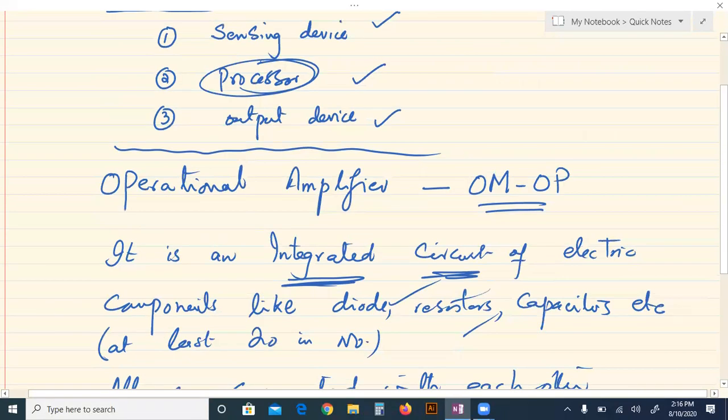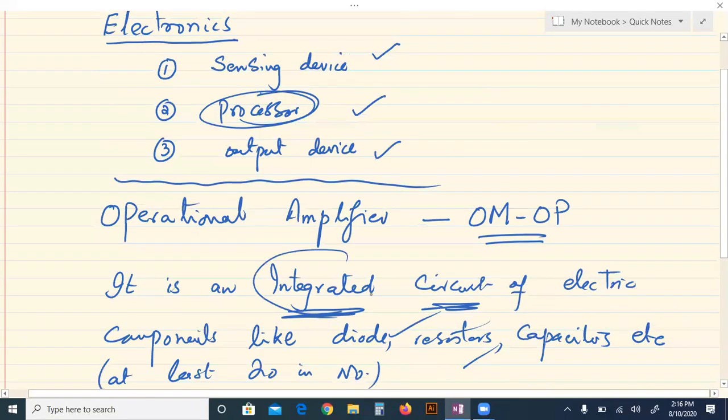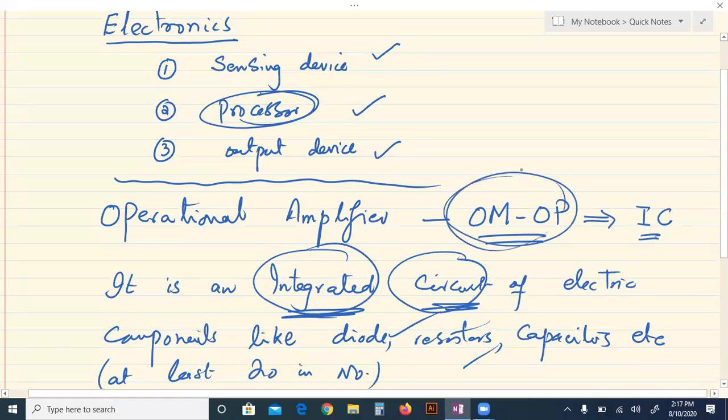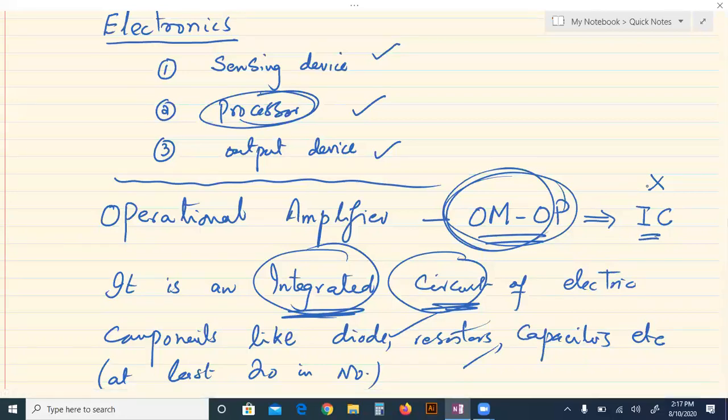Due to this integrated circuit, in the market it is also called IC. But in physics, it is called operational amplifier, op-amp. So theoretically we will not write IC, but practically in the market it is named IC.